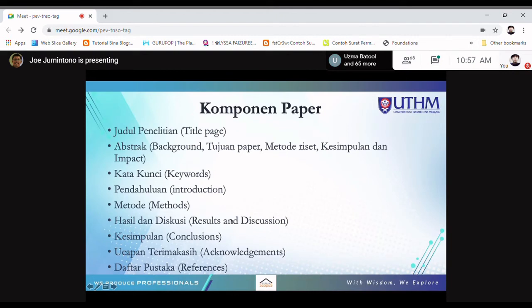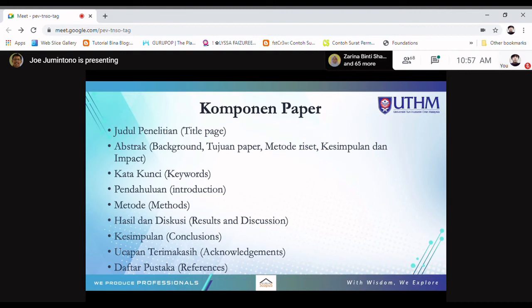Result and discussion are put in one subheading because this is a very strict result and discussion. Then conclusion, acknowledgement. If you found many institutions take part and give you funds, maybe you can give a thank you in the acknowledgement at the end of the paper, and of course the references.